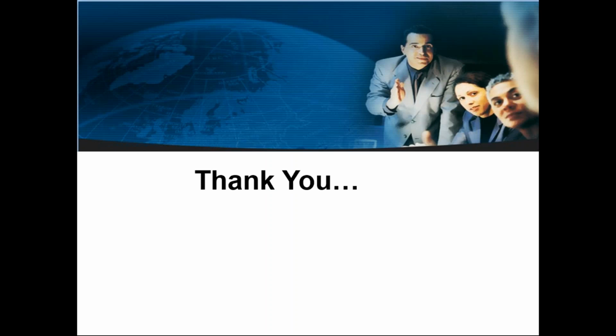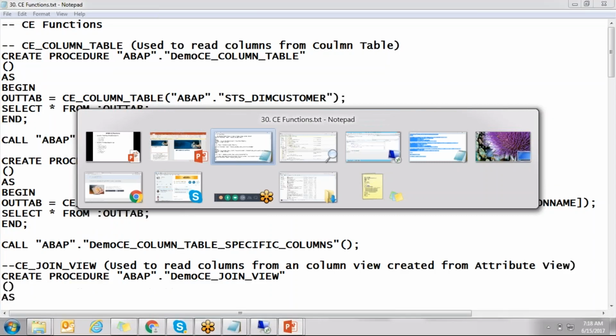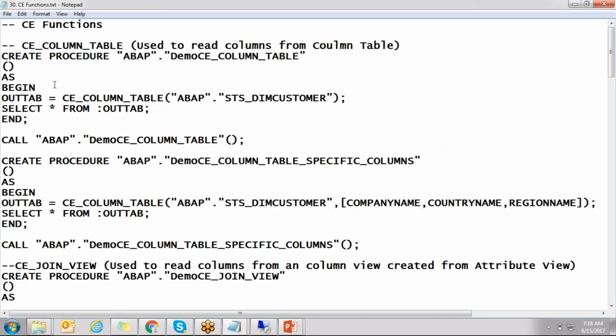Select star from the column table. This is the difference. Let me show you small examples. See the function CE column table. We will create a procedure on the demo column table.